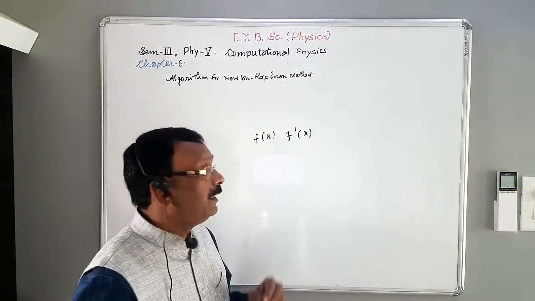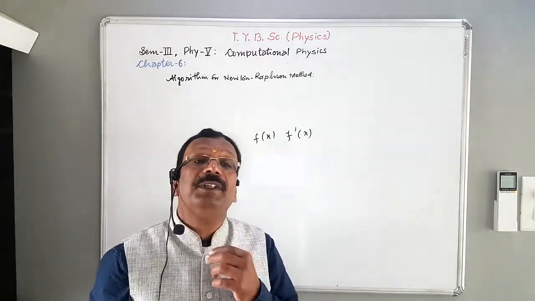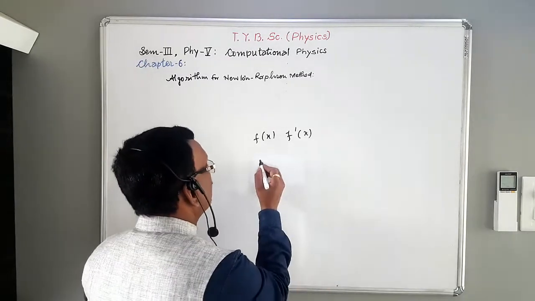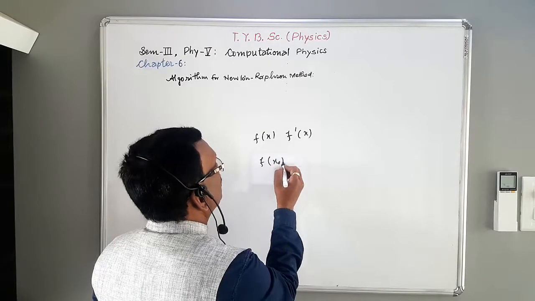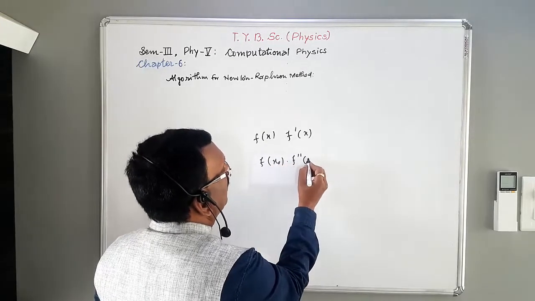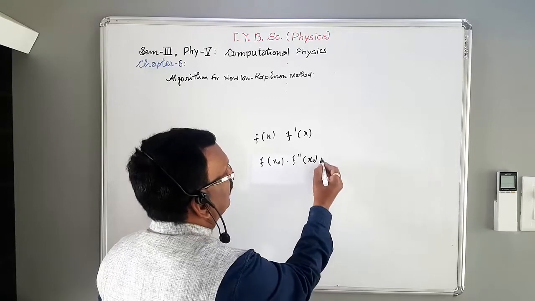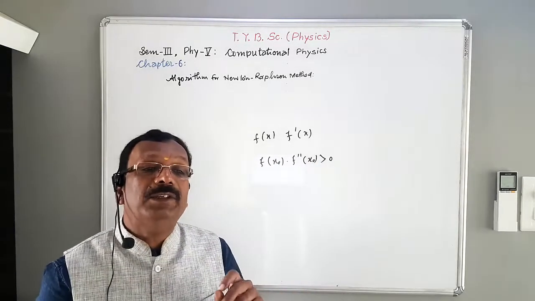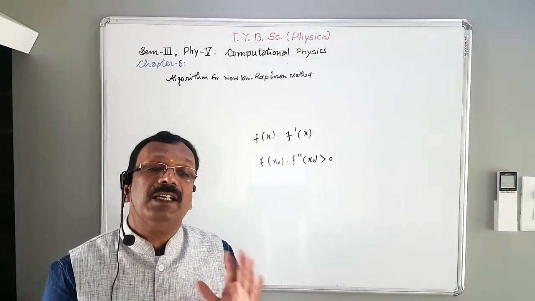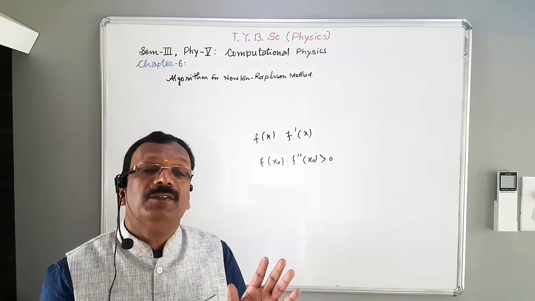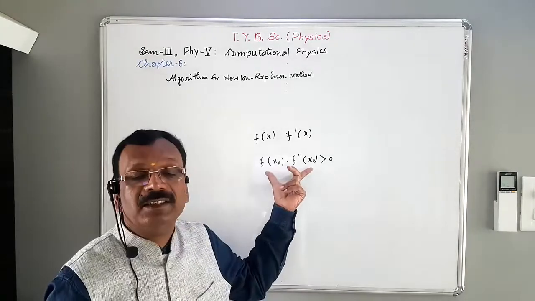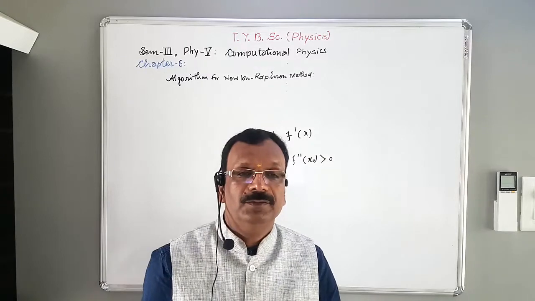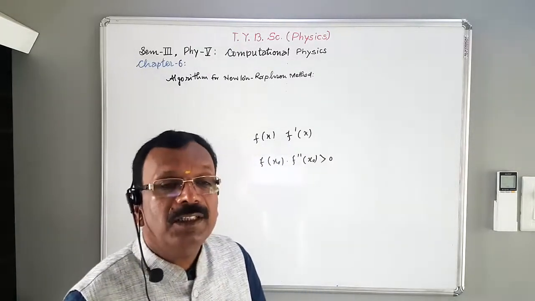Second assumption: a correct value of initial approximation is entered which satisfies the condition f of x0 into f double dash, the second order derivative of the same function, is greater than 0. That means the correct value of initial approximation entered in the interval should satisfy the condition, and then the root lies in that interval. Now we are going to see the algorithm.